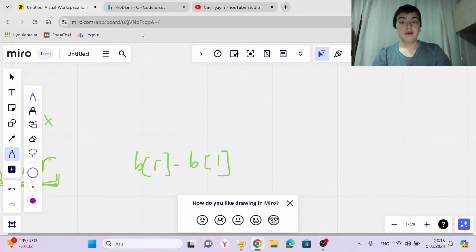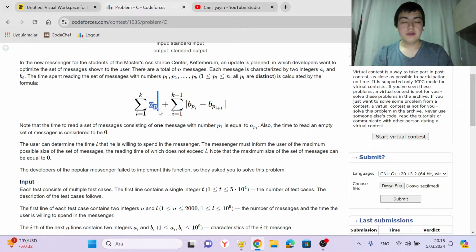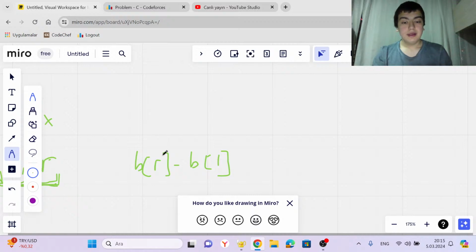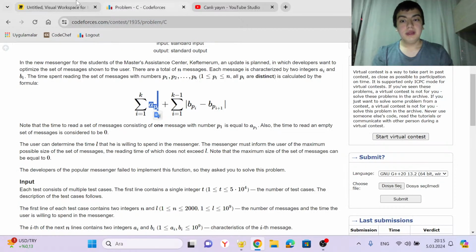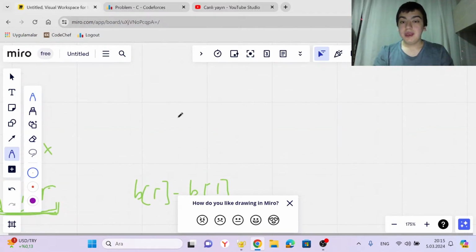Also, we need to look at the first part, the sum of the A values. So it is better to choose smaller a values. I mean, if we have 1, 2, 3 from L to R, these are a values. If we choose 1 and 3, it is nonsense.